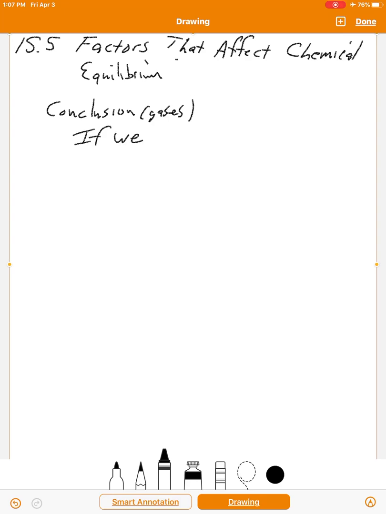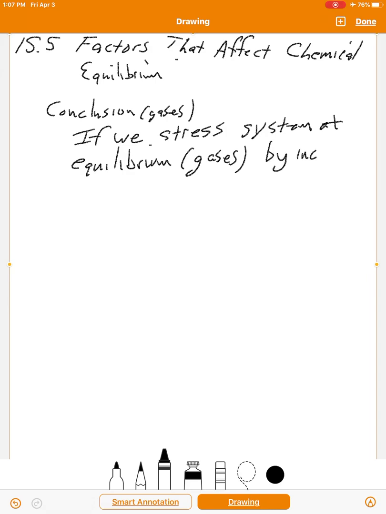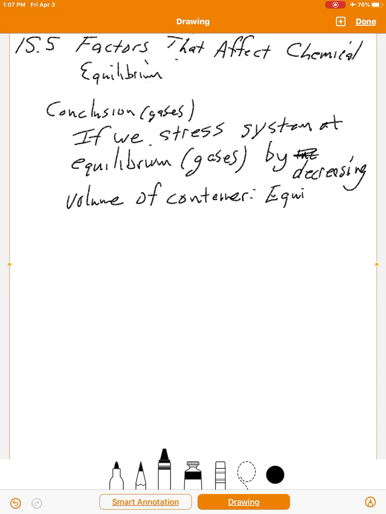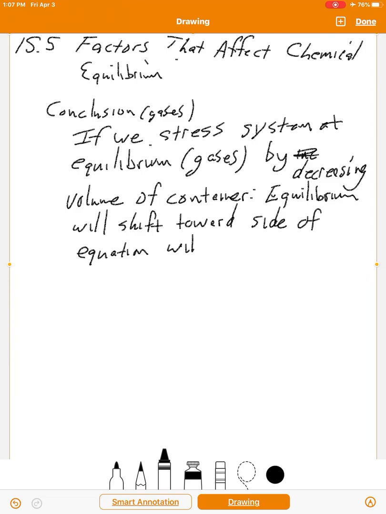If we stress a system at equilibrium, again, we're talking about gases, by decreasing the volume, if we decrease the volume of the container, equilibrium will shift toward the side of the equation with fewer gas molecules.